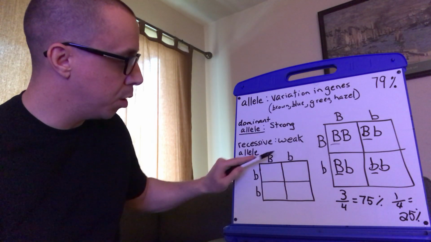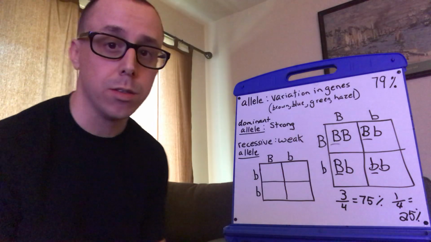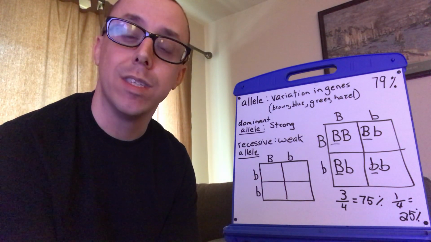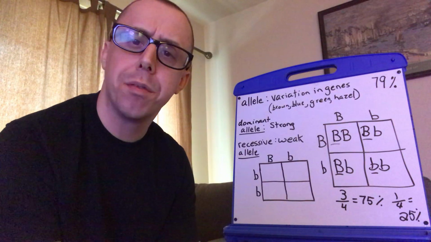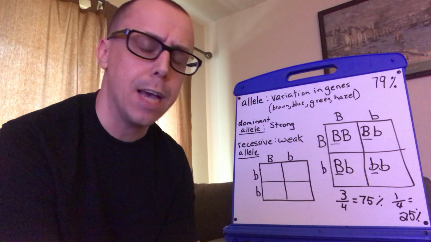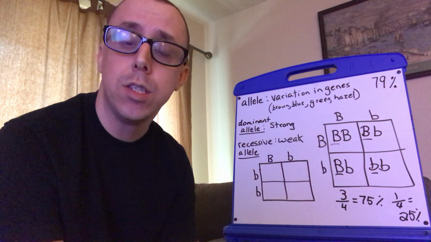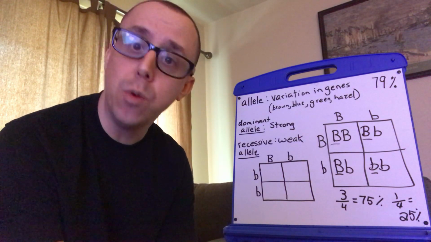All the other 3 alleles are blue, which is the recessive trait. Now you would think, wow, that means I have a 3 out of 4 chance, 75% chance, to be born with blue eyes.